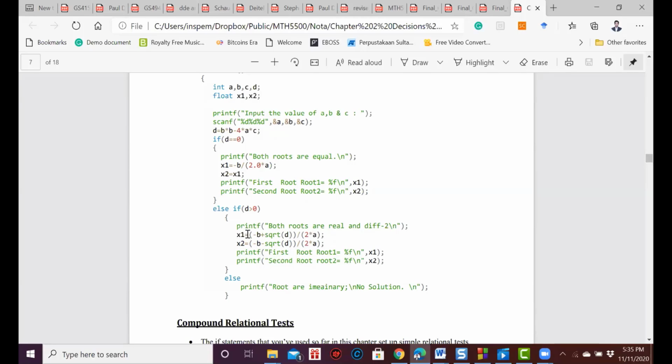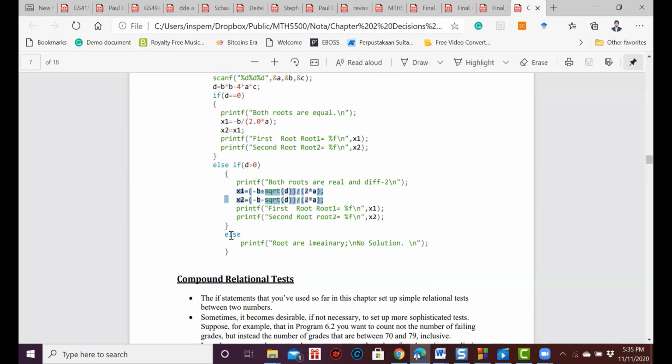The formula is given by this: minus b plus square root d, then divide by 2a, and x2 is the same, the difference is minus here. So printf root 1 equal to, the format for the printing statement is the same. Just the difference is the formula here.